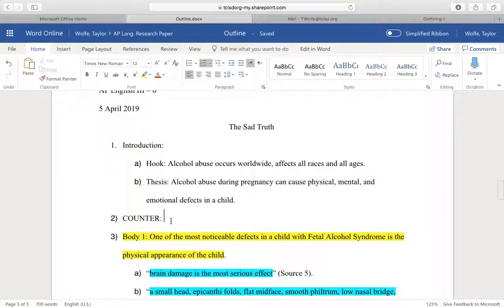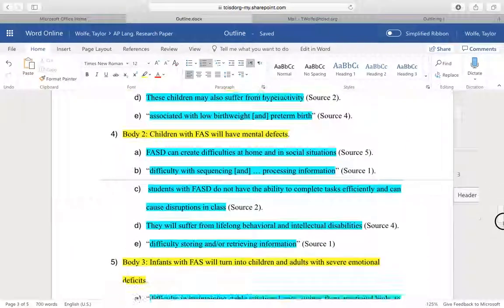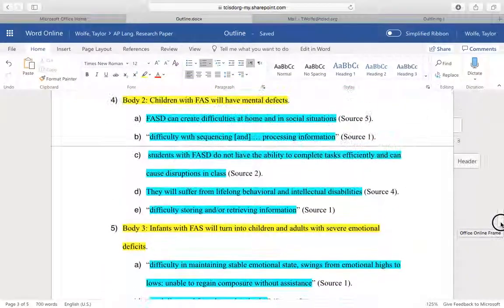Okay? I'm going to give good evidence that I found during my research. I'm going to address that topic immediately, address why it's wrong, why it can't be true, and then I'm going to dig into my own argument. Okay?